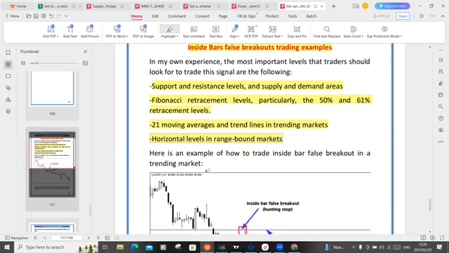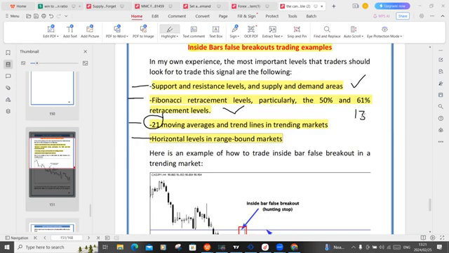So before we go down, I just want to explain these notes stated here. Support and resistance levels, supply and demand, we've gone through this in greater detail. The Fib retracement, we've gone through this, and the 21 moving average. So, like I said, if you notice on my charts, I use the BTMM moving averages.